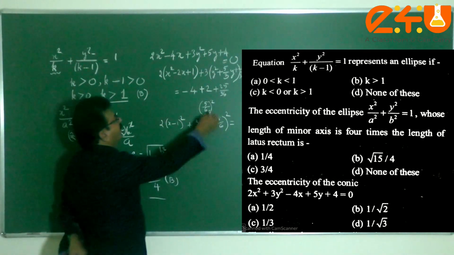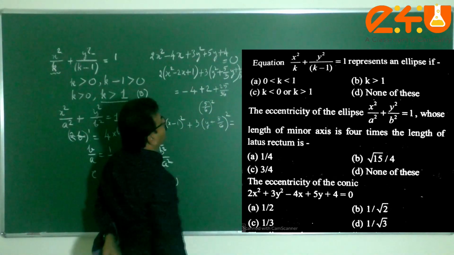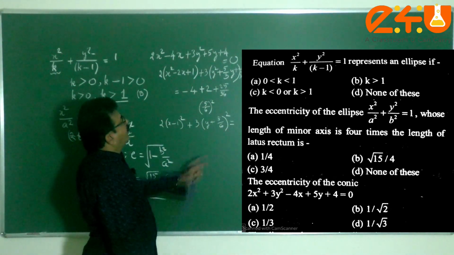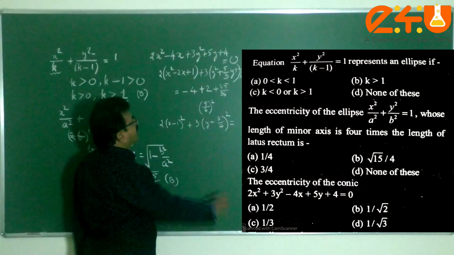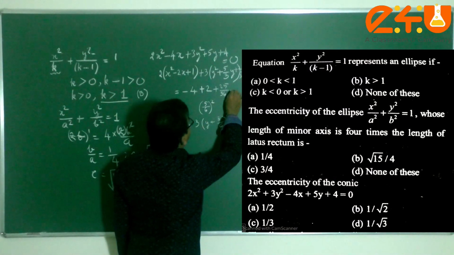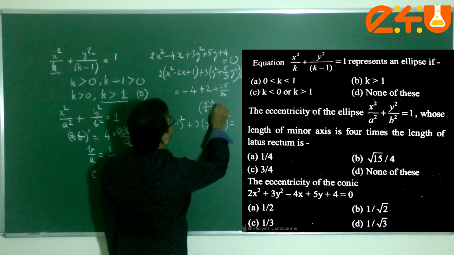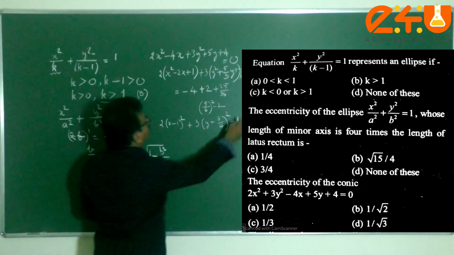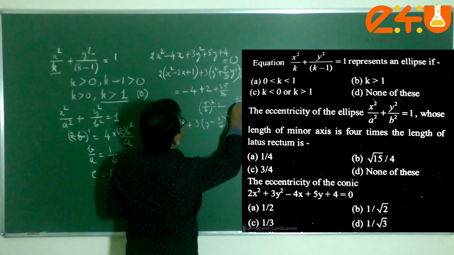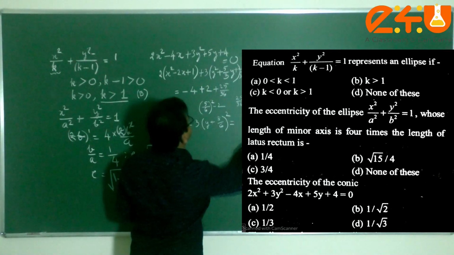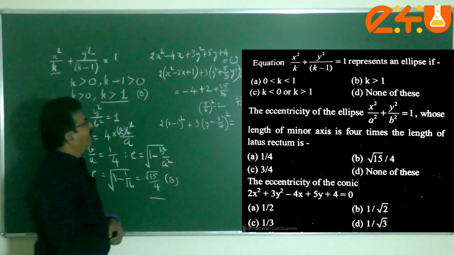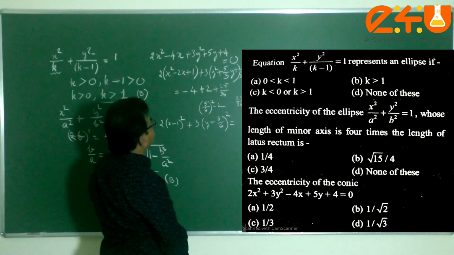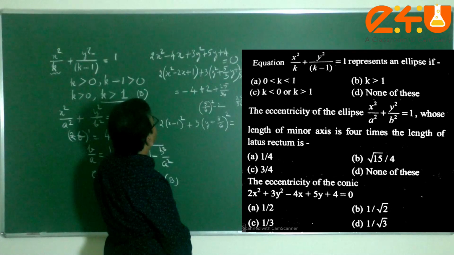We need to simplify this expression: 25 over 36 plus 2 minus 4.